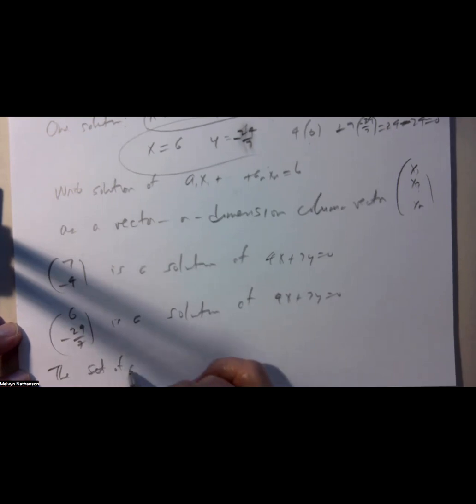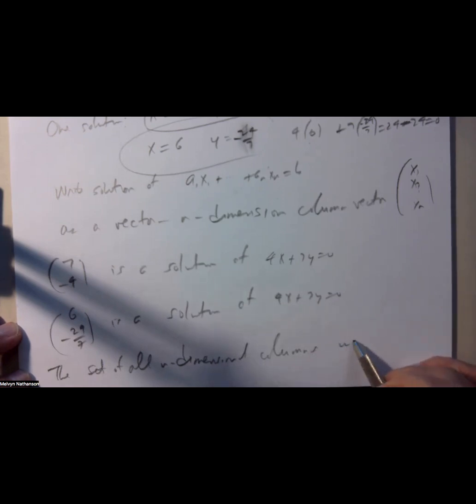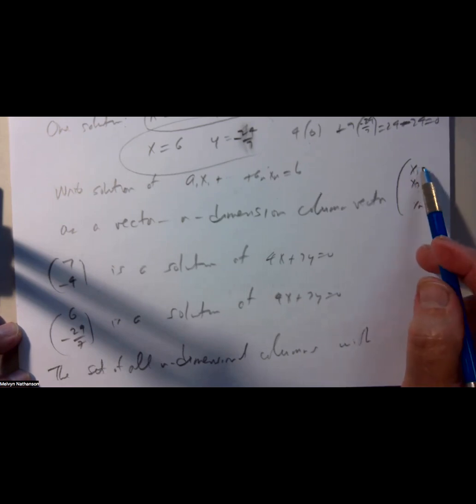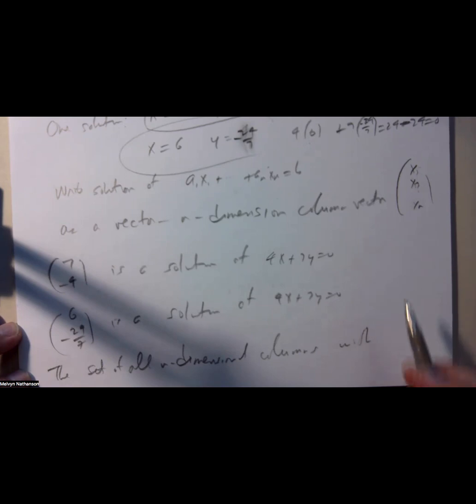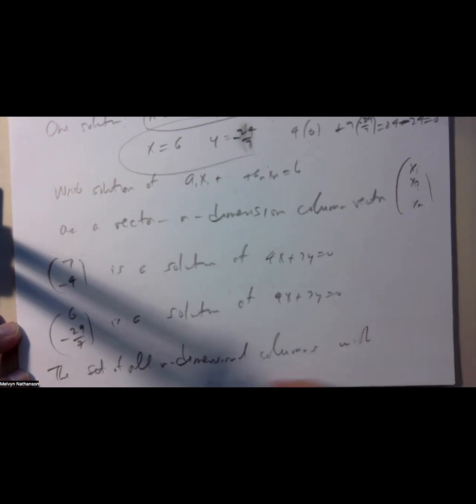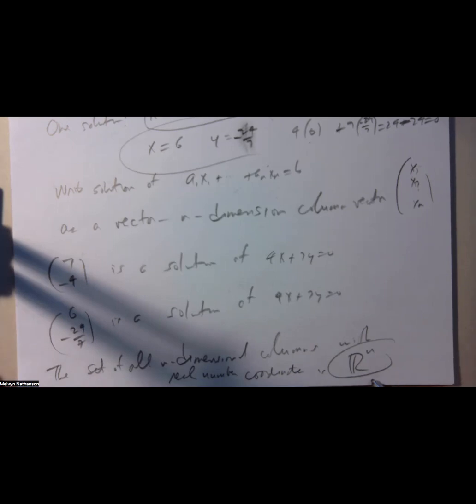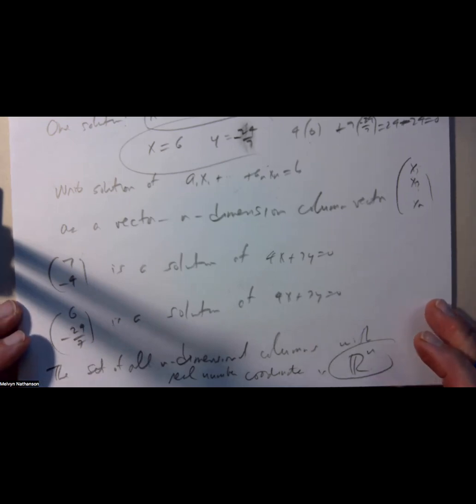The set of all n-dimensional column vectors, with the xi's, these numbers that occur in the vector, called the coordinates of the vector, with real number coordinates is Rn, R superscript n. We call it a vector space, I'll define it shortly. This is the set of all n-dimensional column vectors.